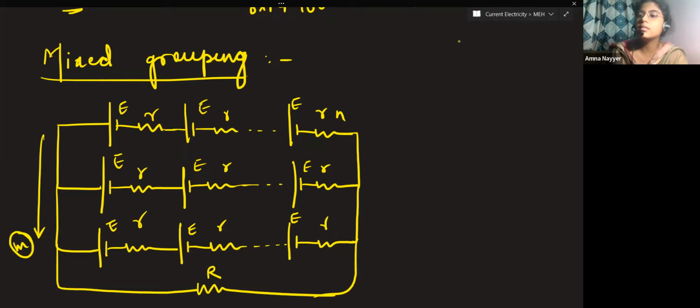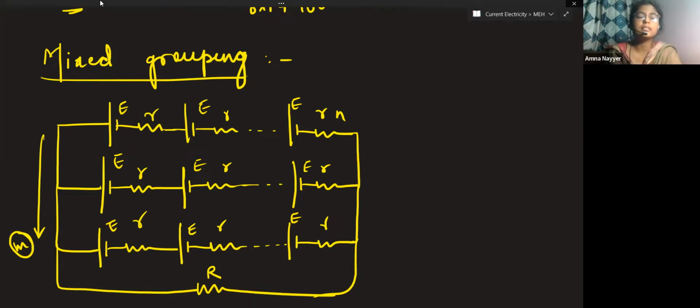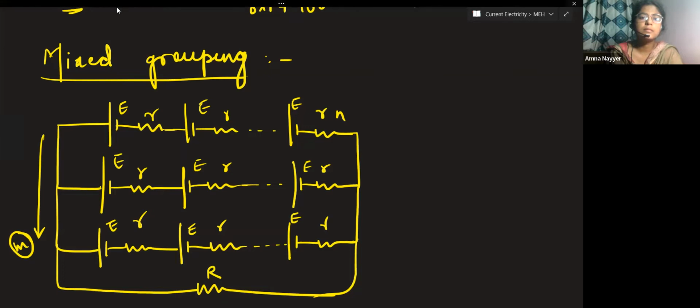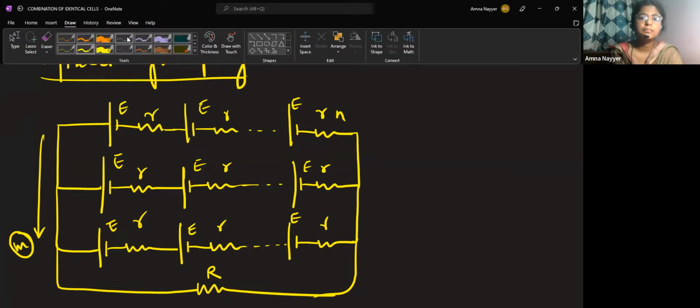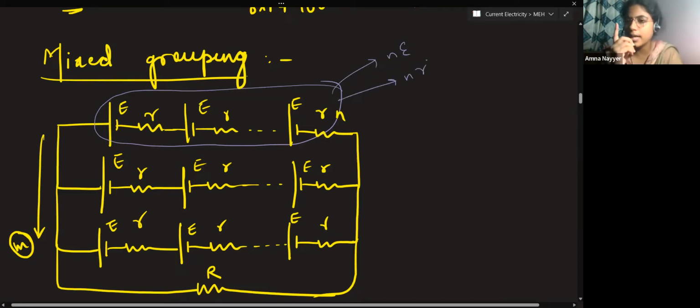So in the case of mixed grouping, see, what will the equivalent EMF be for this? This will be nE, and the equivalent internal resistance will be nr for a single row.